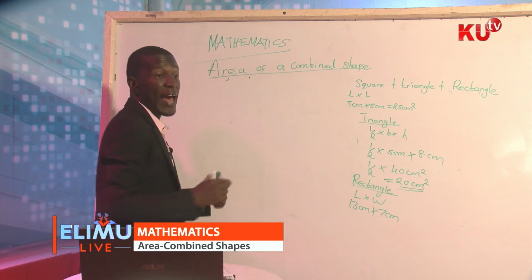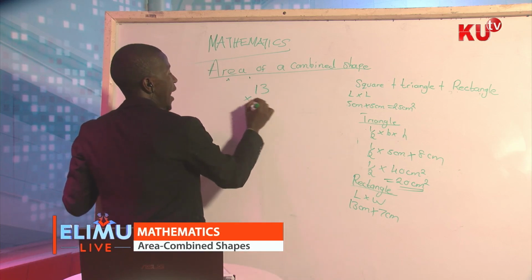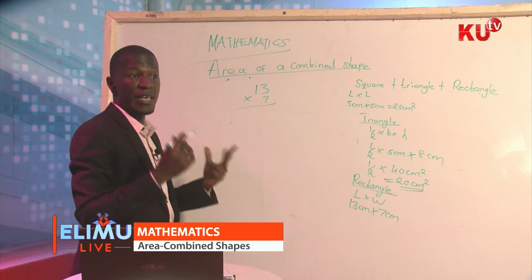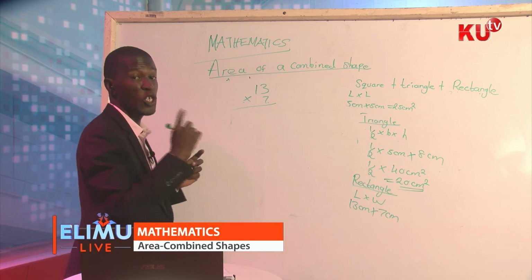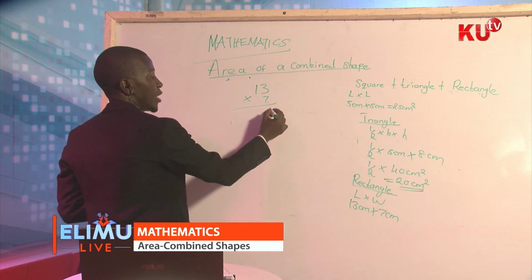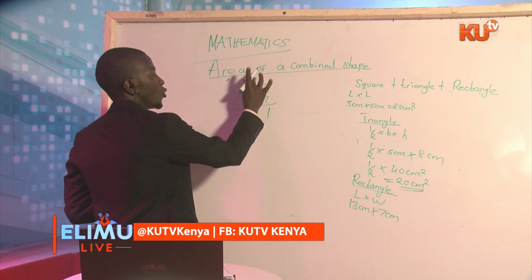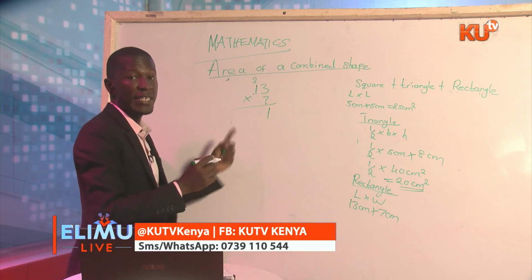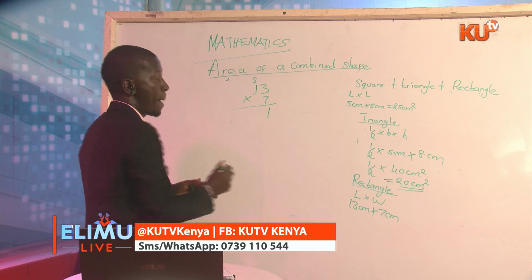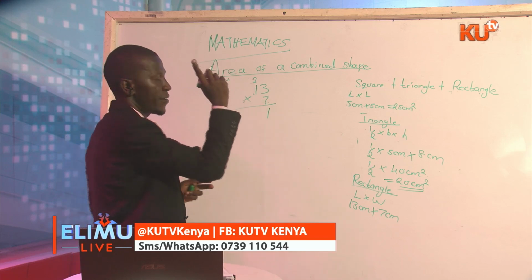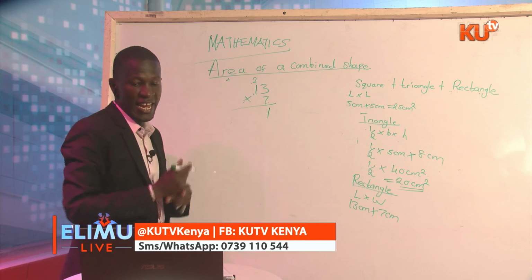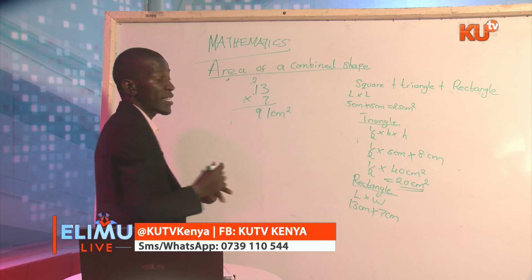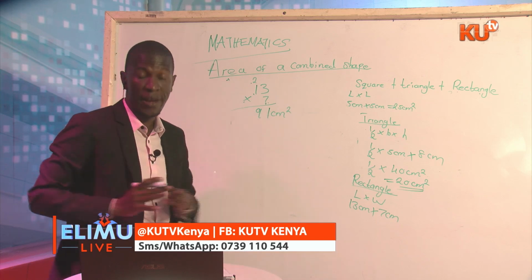So we are going to multiply 13 times 7. 7 times 3 is equal to 21. So I'll write 1 here and carry 2. Then 7 times 1 is equal to 7, plus 2, which I had carried, gives me 9. So 91. The area of the rectangle is 91 centimeters squared.